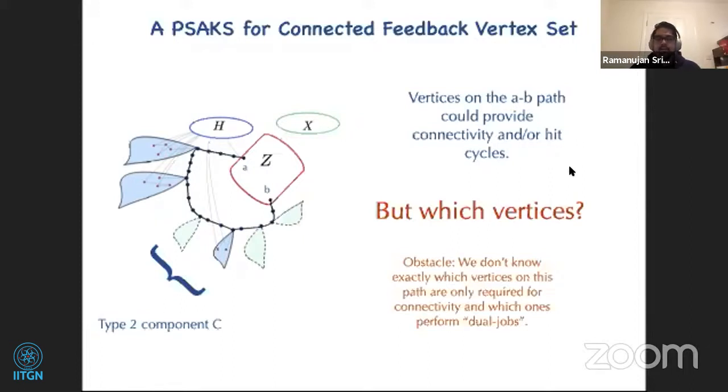So in one aspect, all these vertices are equivalent. What really distinguishes them is how well they can provide connectivity between various other vertices. So I hope I've spotlighted the main remaining difficulty, and that's what we'll resolve shortly.